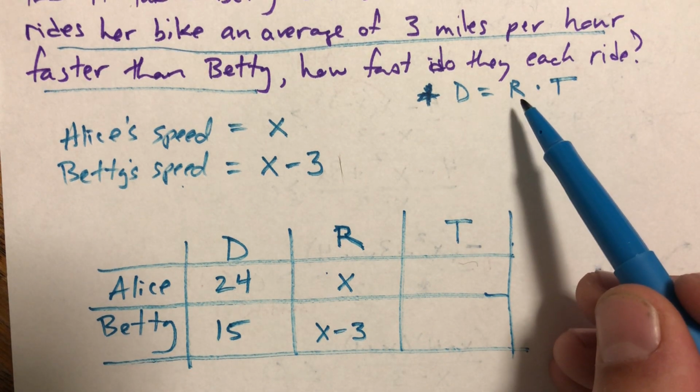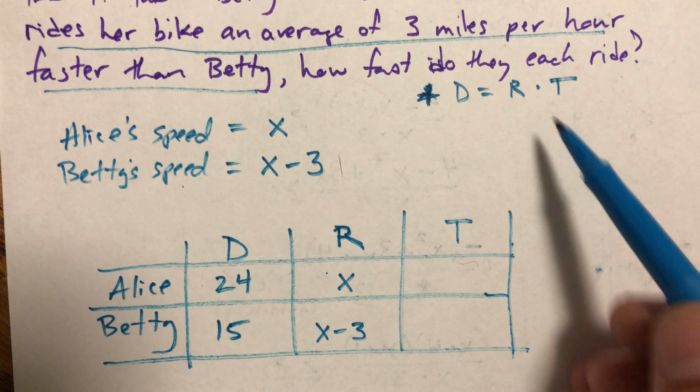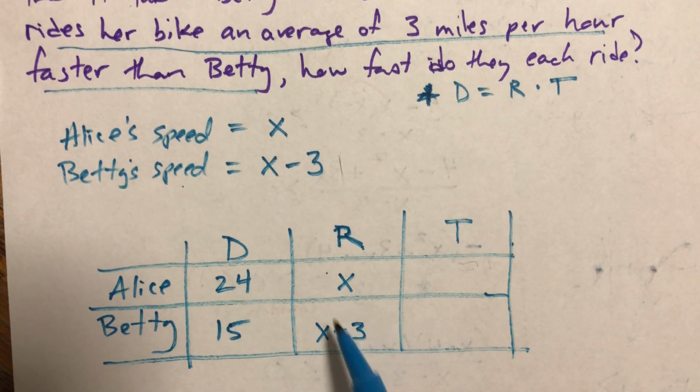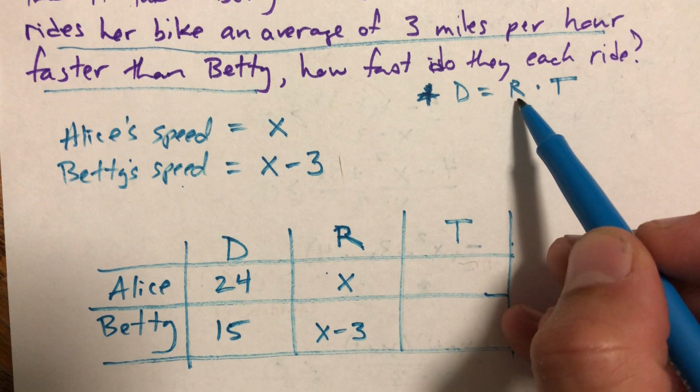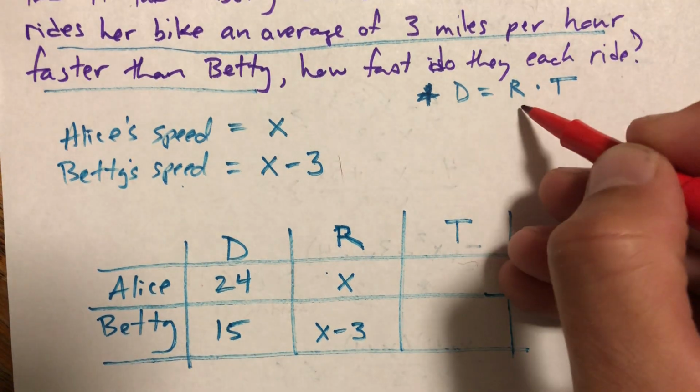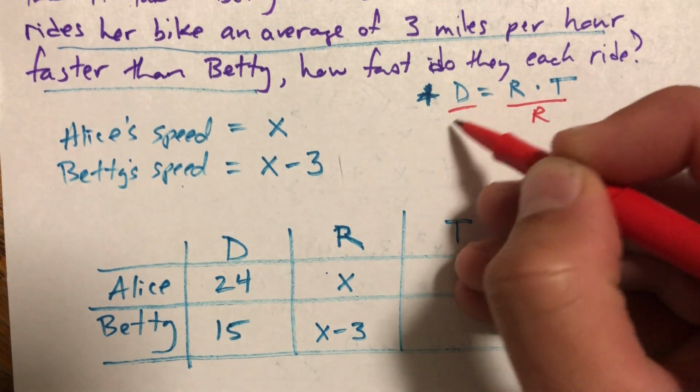If I gave you a rate and a time, you could tell me the distance by just multiplying. But we're giving you the distance and the rate. Well, we're not really given the rate, but we have distance and we have an expression for the rate, right? So if we wanted time, well, we can just take our formula here and divide both sides by rate.